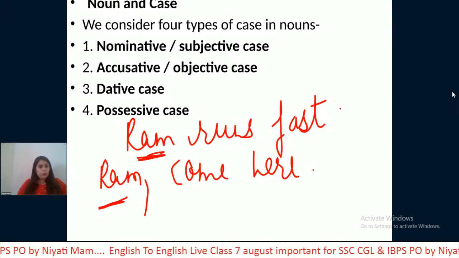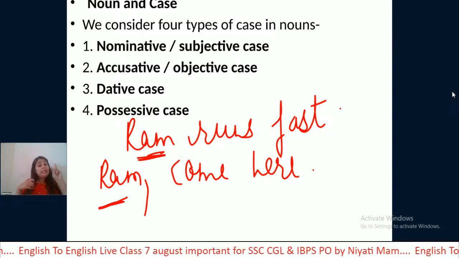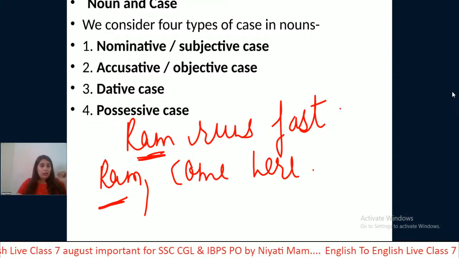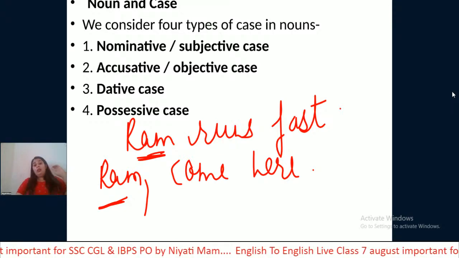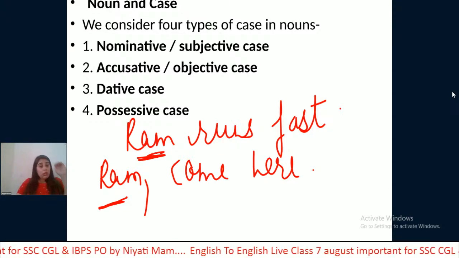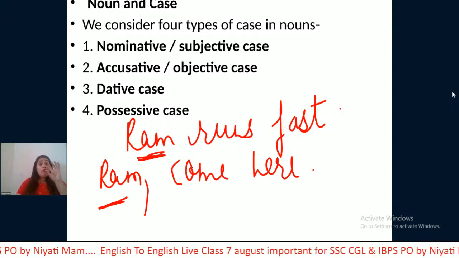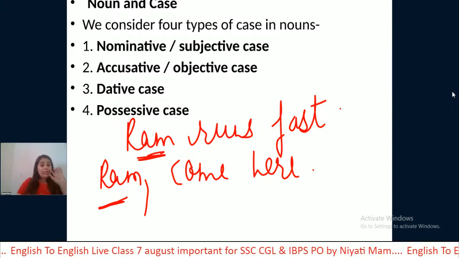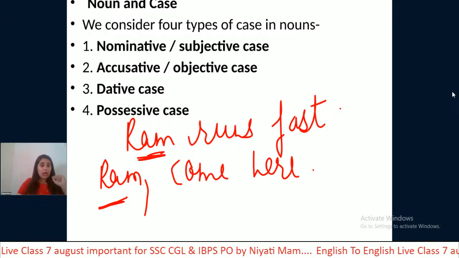It's totally true. Ram is not here with me and my mother, right? The second sentence is Ram, come here. I'm inviting Ram. I'm telling him to come here, come near me, right? Are you getting my point? So for the second sentence, I am calling Ram by his name.